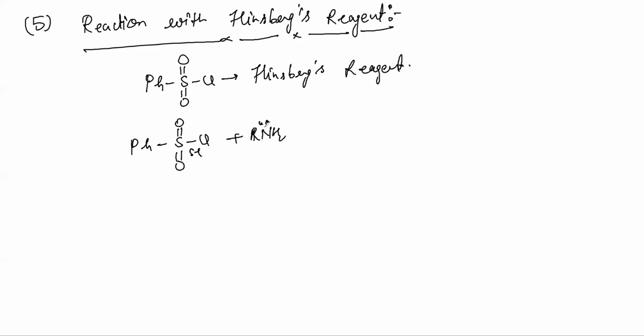Let's understand. The nitrogen lone pair will attack here, as usual, on delta plus. The pi bond will break. Once the pi bond is broken, we get O minus, here Cl, and here N, H, H.